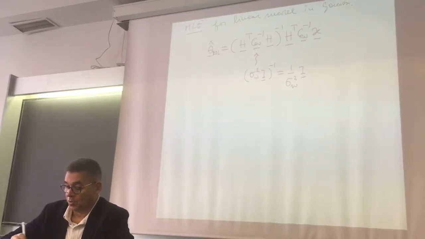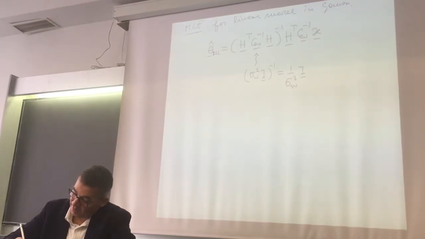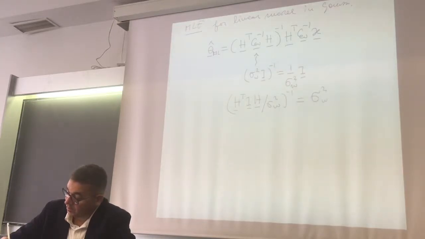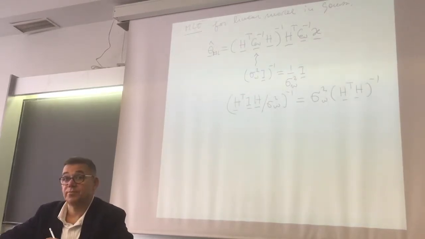So computing H transpose identity H over sigma squared W, everything to the minus 1, is equal to sigma squared W times (H transpose H) to the minus 1.